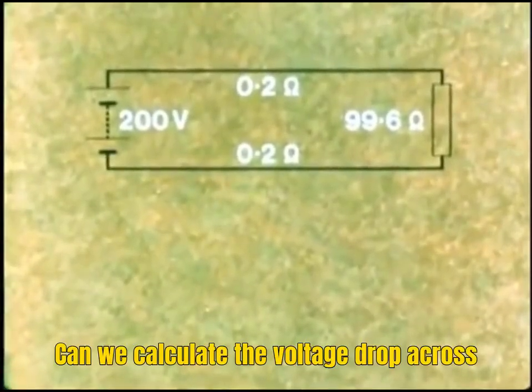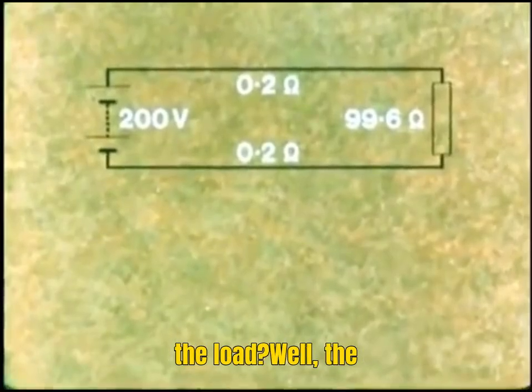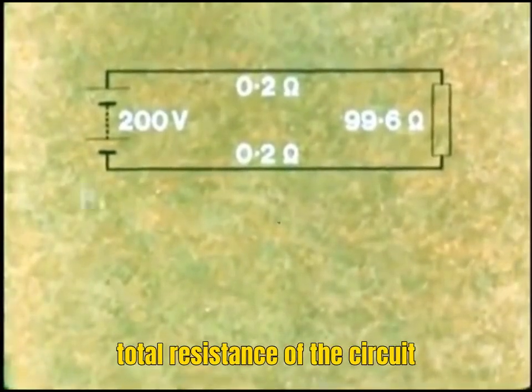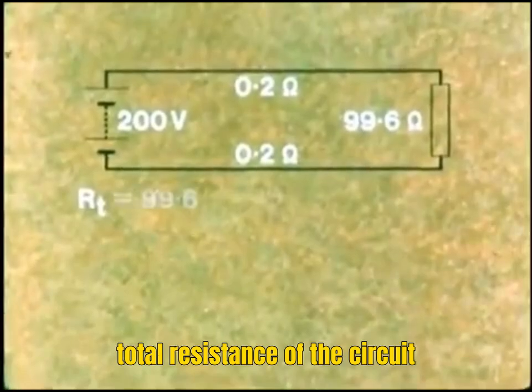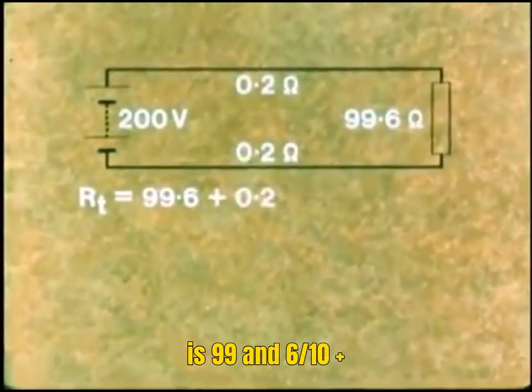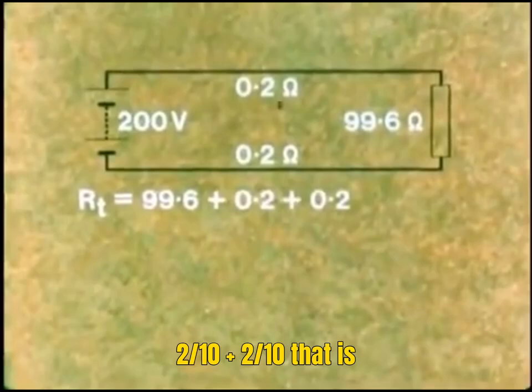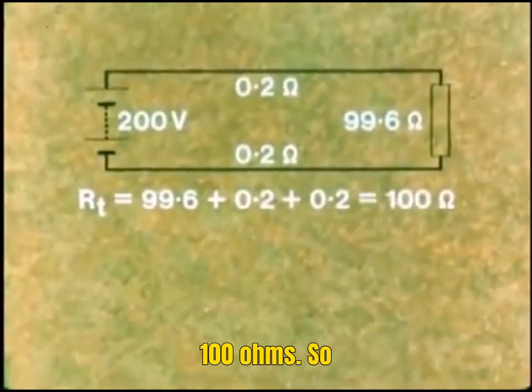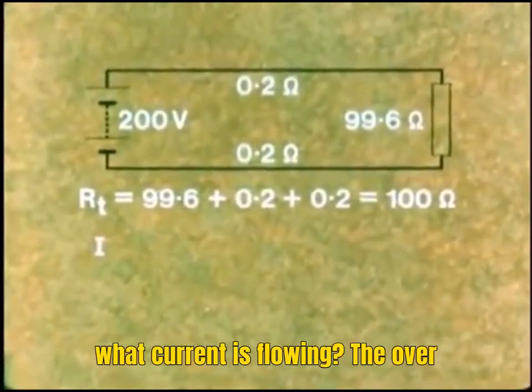Can we calculate the voltage drop across the load? Well, the total resistance of the circuit is 99 6/10 plus 0.2 plus 0.2.